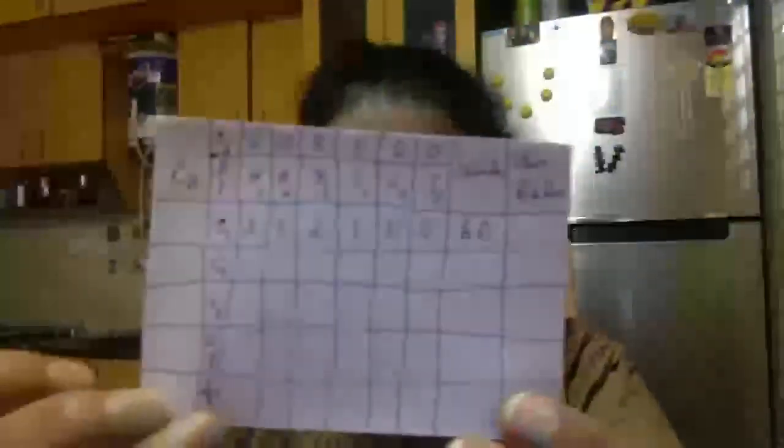Alright, now should I show again? Okay, now we'll go to the second row. It is 4, 4, 4, because it is 4x1 plus 4x2 plus 4x3.